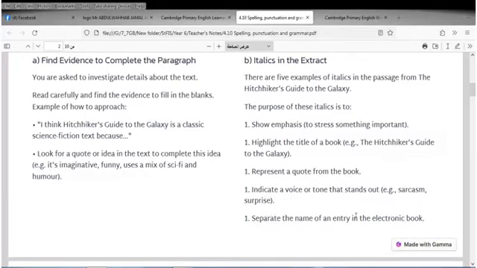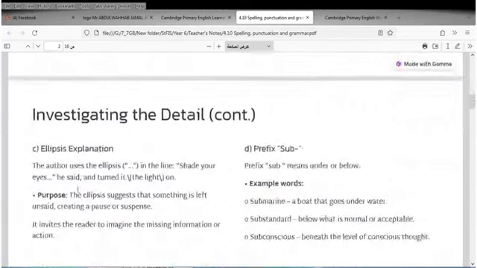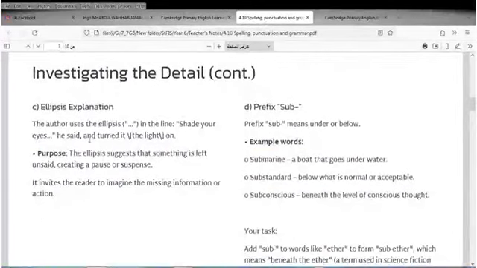To separate the name of an entry in the electronic book. Italic is to highlight, to stress, to show the importance of something. Ellipsis is to create suspense, to build tension, or to make a dramatic pause, or to make a cut, to show a stop or a pause in continuous ideas or thoughts.